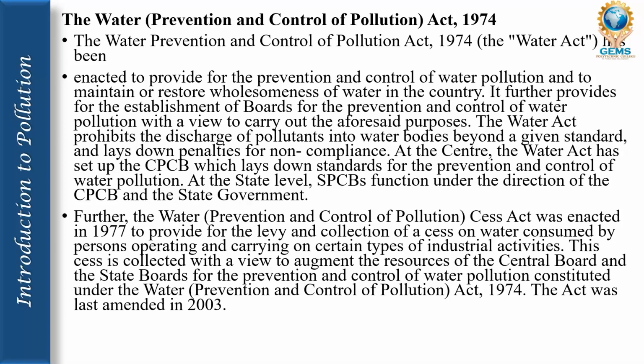When it mixes, it will reduce the oxygen level in the ocean and take out the minerals and all the useful contents in the water. So obviously the aquatic life will be totally demolished, and if the water is consumed by humans, it will cause major disease. So this is another way in which the Water Prevention and Control of Pollution Act came, implemented in 1974.